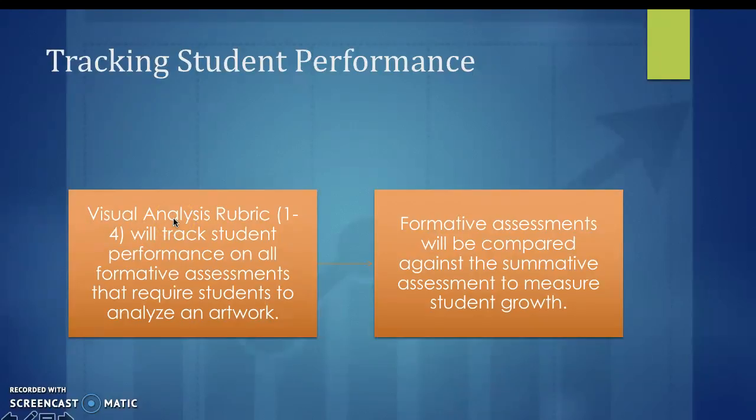And like I mentioned before, as far as tracking student performance, as teachers, we'll be able to use the visual analysis rubric, and we will track student performance in all formative assessments that require students to analyze an artwork. So they'll be assessed on a group level, and students will also be assessed individually on their final project. That formative assessment is going to be compared against the summative assessment to measure their growth.